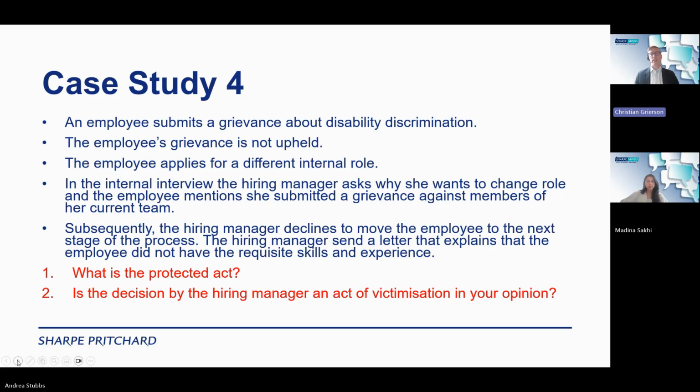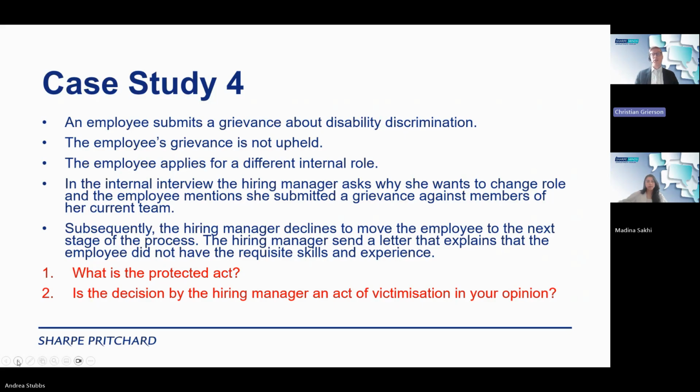It would be when the employee submitted the grievance about disability discrimination. She's raising a grievance connected to the protected characteristic of her disability and saying that the employer has breached the Equality Act. Is the decision by the hiring manager an act of victimization in your opinion?